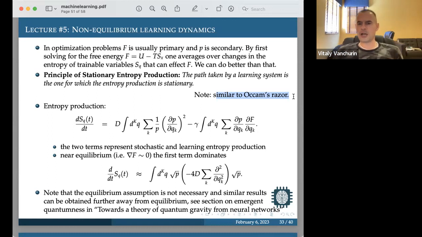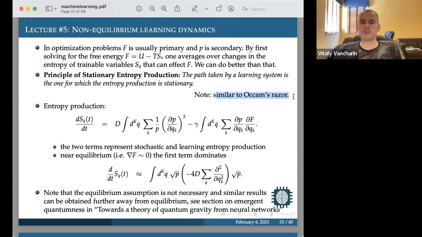If we construct theories, we are trying to come up with a theory that has fewer parameters. And by doing that, that frees up the ability to develop the theory further with other parameters that would describe a more fine-grained description of the system or some other phenomenon. And so this is the well-known Occam's razor principle. Here it just tells us that whatever the system is going to do, make sure it takes the path that extremizes the entropy production.